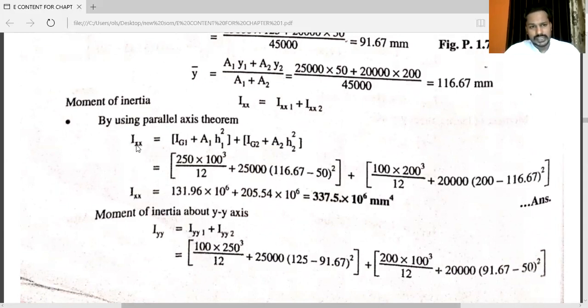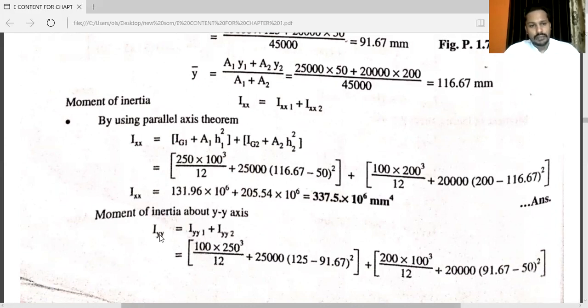While considering xx, here put y bar minus y1, y bar minus y2, but the y2 is larger, so y2 minus y bar. Now it is very clear.